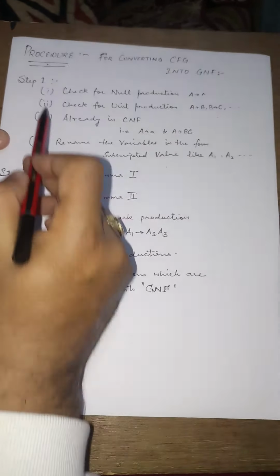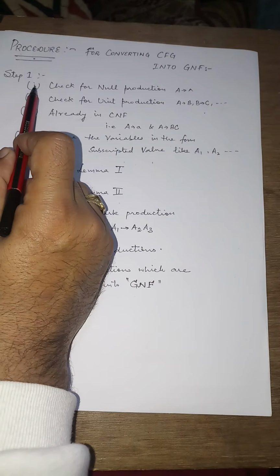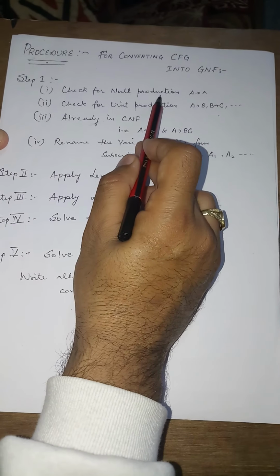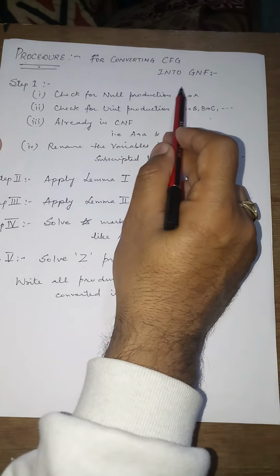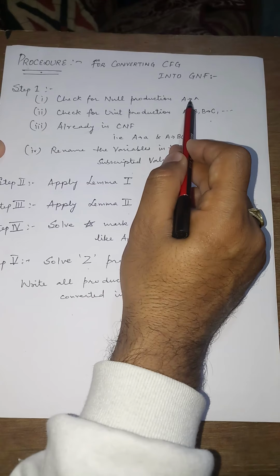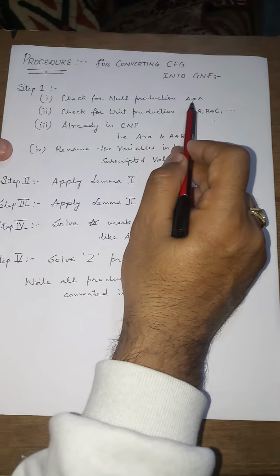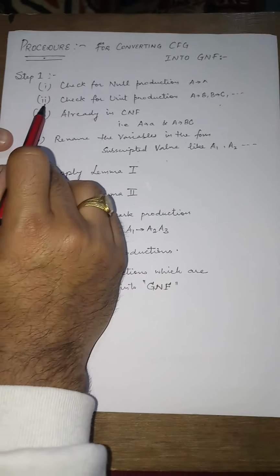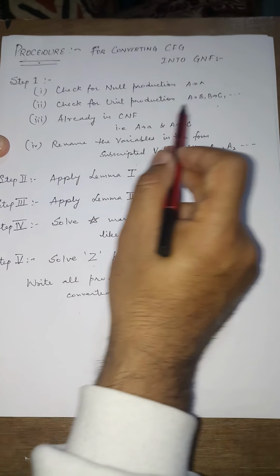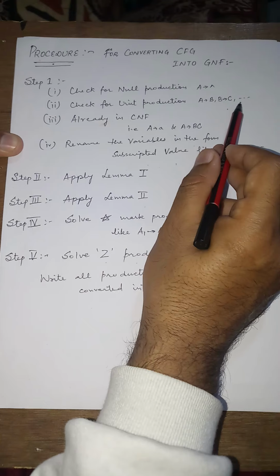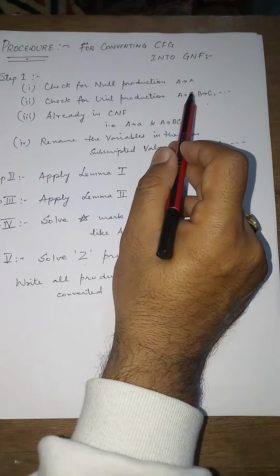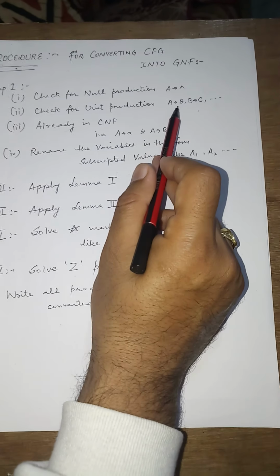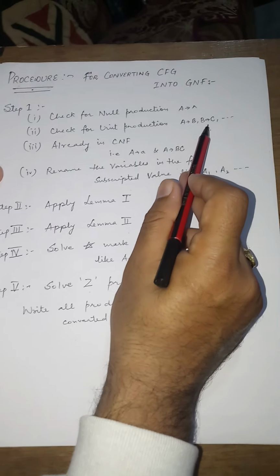Step 1 includes 4 further parts. In part 1, you need to check for null productions, and if there are any, you will have to eliminate them. Part 2 of step 1, check for unit productions. If you have any production of the form of a chain, you will have to eliminate that chain using the previous method which I have shared with you in previous videos.